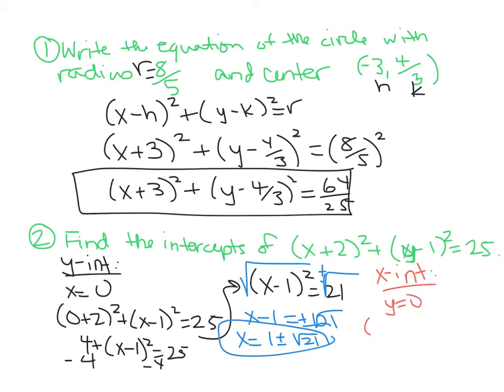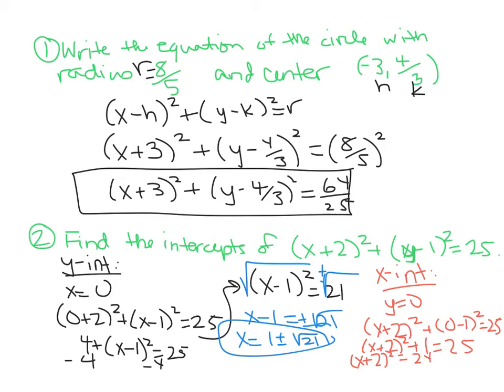And when I do that, I get (x + 2)^2 + (0 - 1)^2 = 25. That gives me (x + 2)^2 plus 1, because negative 1 squared is 1, is equal to 25.